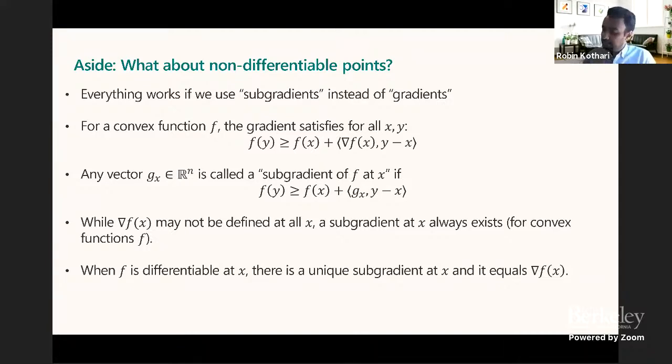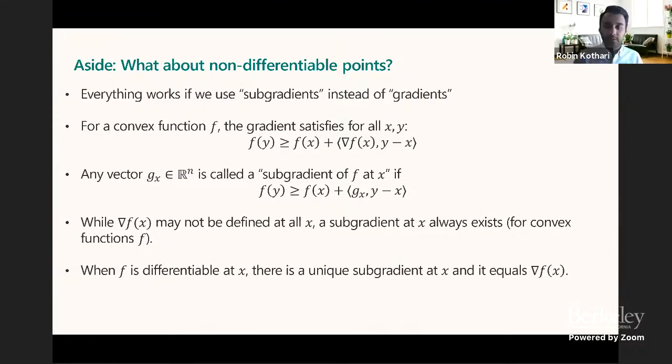Essentially, what happens is if the function is not differentiable, the gradient may not exist. So what you do is you replace the gradient with this object called the subgradient, and the subgradient is just any vector that satisfies this equation that the gradient satisfies. The subgradient may not be unique, but if the function is differentiable, the subgradient always equals the gradient, but the subgradient always exists.